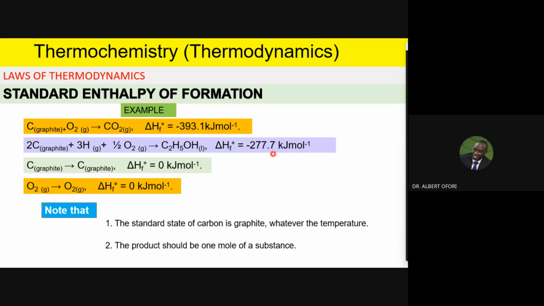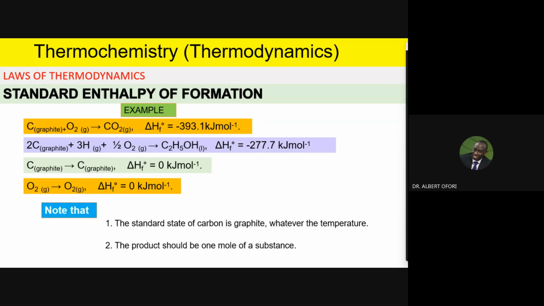If the product is just 1 mole of a substance, then clearly we can say the enthalpy of formation is approximately equal to that. So we pay attention to that.